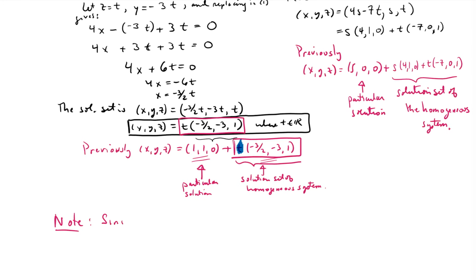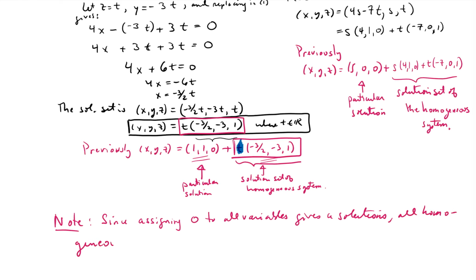Since assigning 0 to all variables gives a solution, all homogeneous systems are consistent.